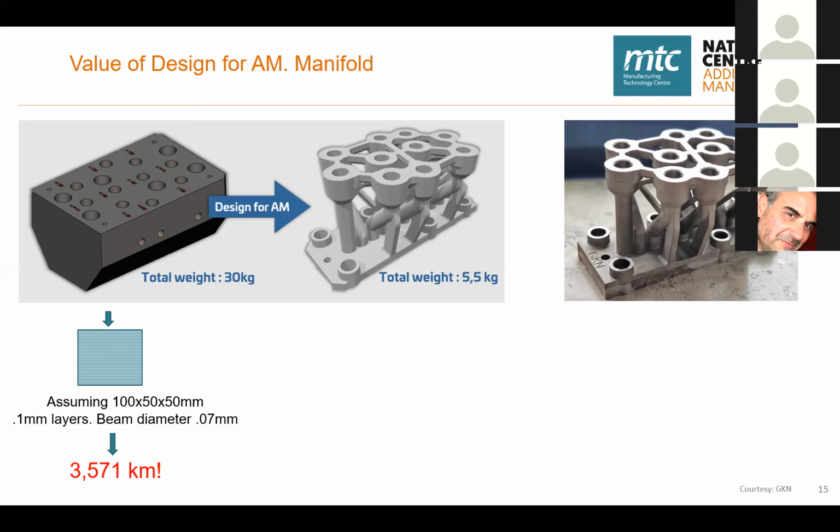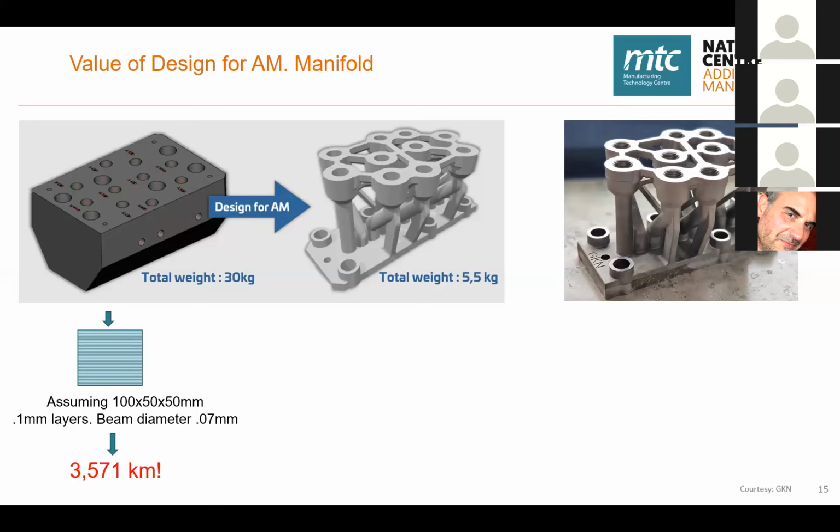So you can imagine the amount of hours, even if the laser goes very fast, that it requires just to move the laser on top of the part and melt the powder that will create that component. And with other technologies, it will be even slower.